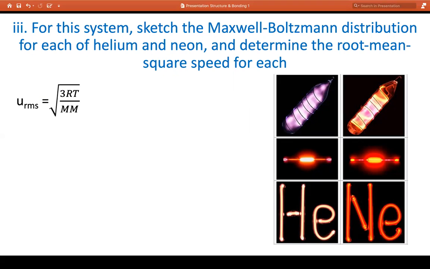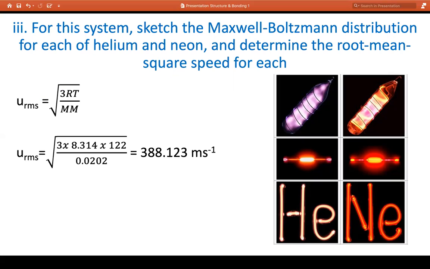Basically, all values that we get, we need to plug into this equation. For the neon gas, the molar mass in kilograms per mole is 0.0202, and URMS is equal to 3088.183 meters per second.